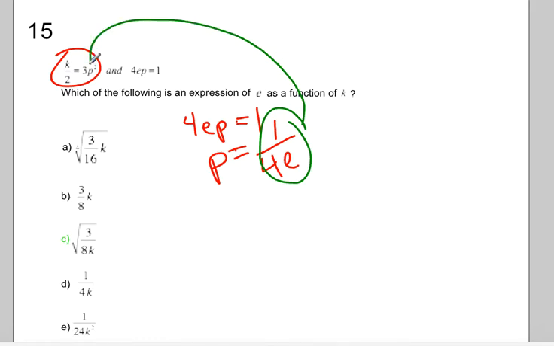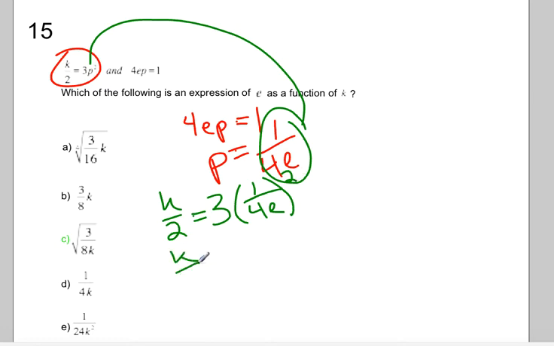And that's exactly what I'm going to do. So I'm going to have k over 2 equals 3 times, and instead of p, I got 1 over 4e squared. So I'll square it first, although you could multiply by 2, it doesn't really matter.